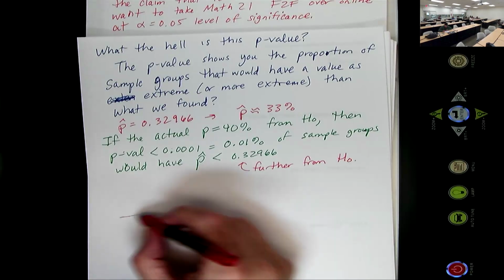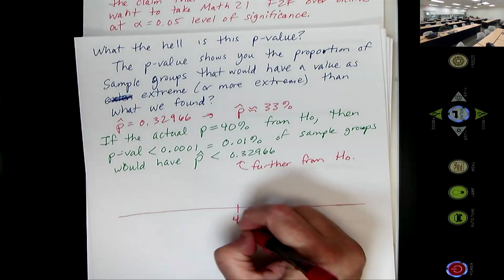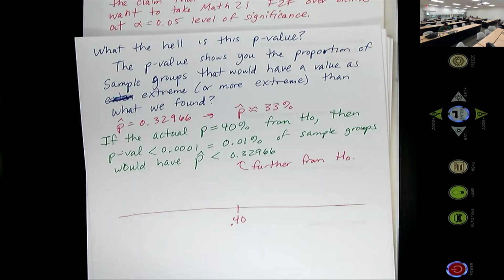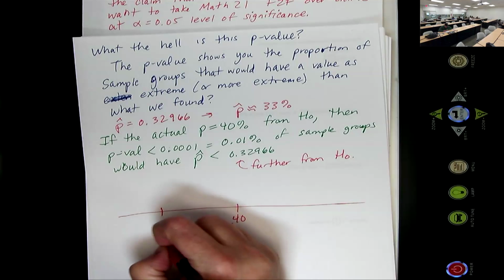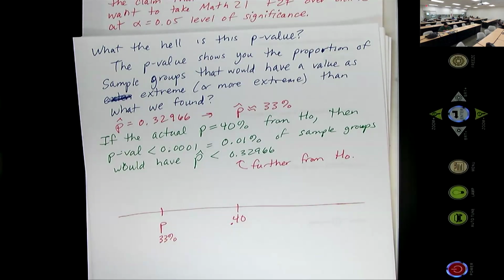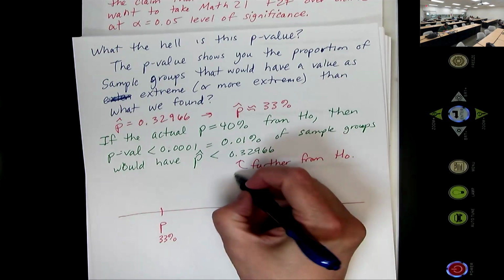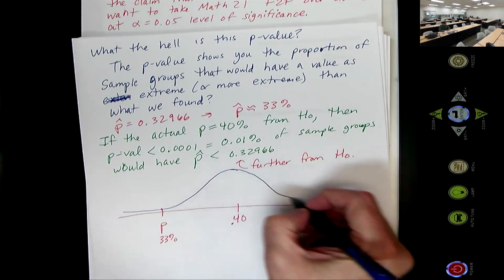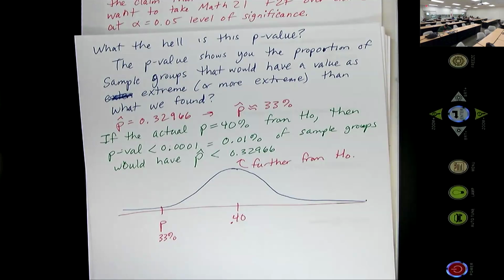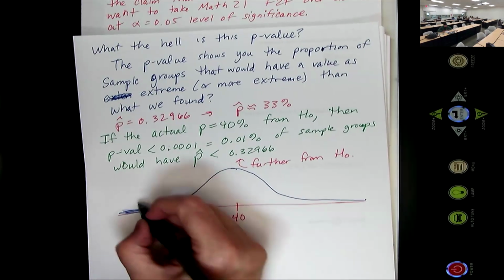So if we had it on a little table here, the null hypothesis was there. Ours was way over here at 33%. If we did a normal distribution, there are very few out here, less than 0.01%.